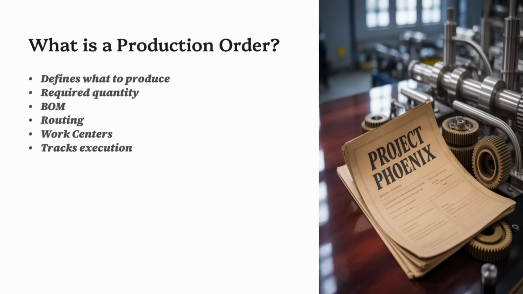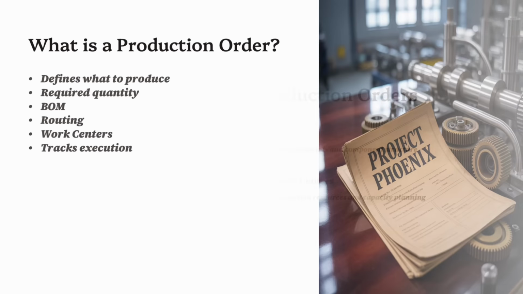They record material consumption, labor confirmations, and finally, the goods receipt of finished products. In short, a production order is the backbone of actual execution in SAP PP, transforming planning into reality.